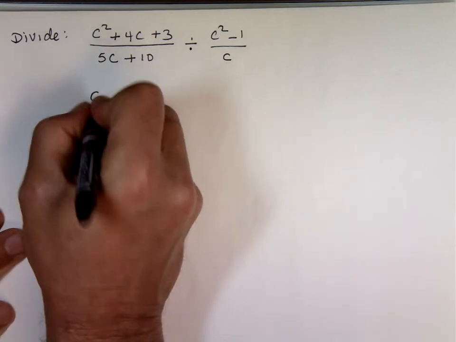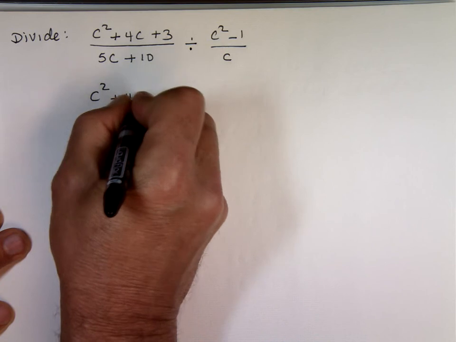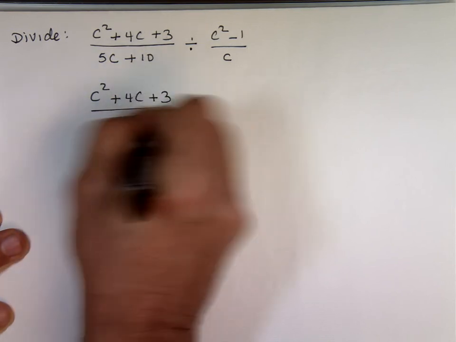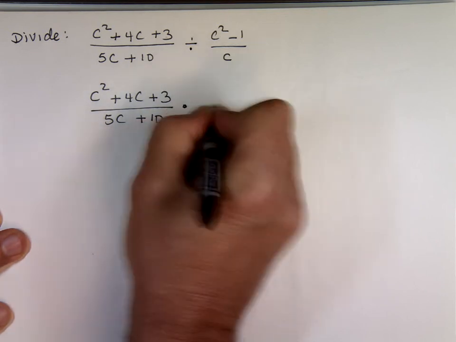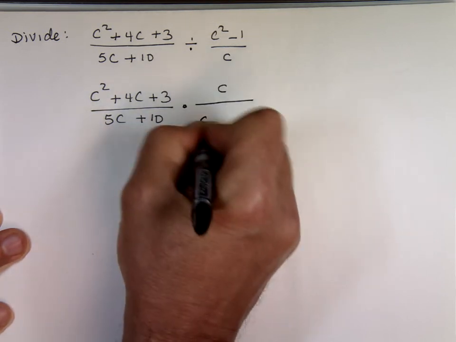Rewrite. Before I do any factoring, even nothing, this becomes a multiplication, c over c squared minus 1.